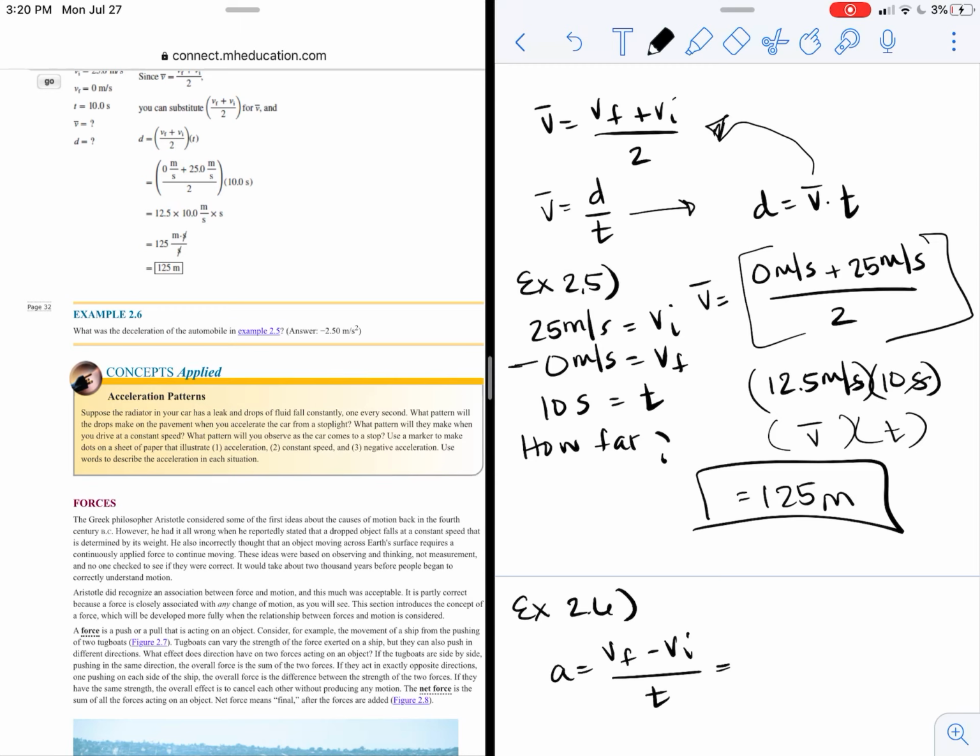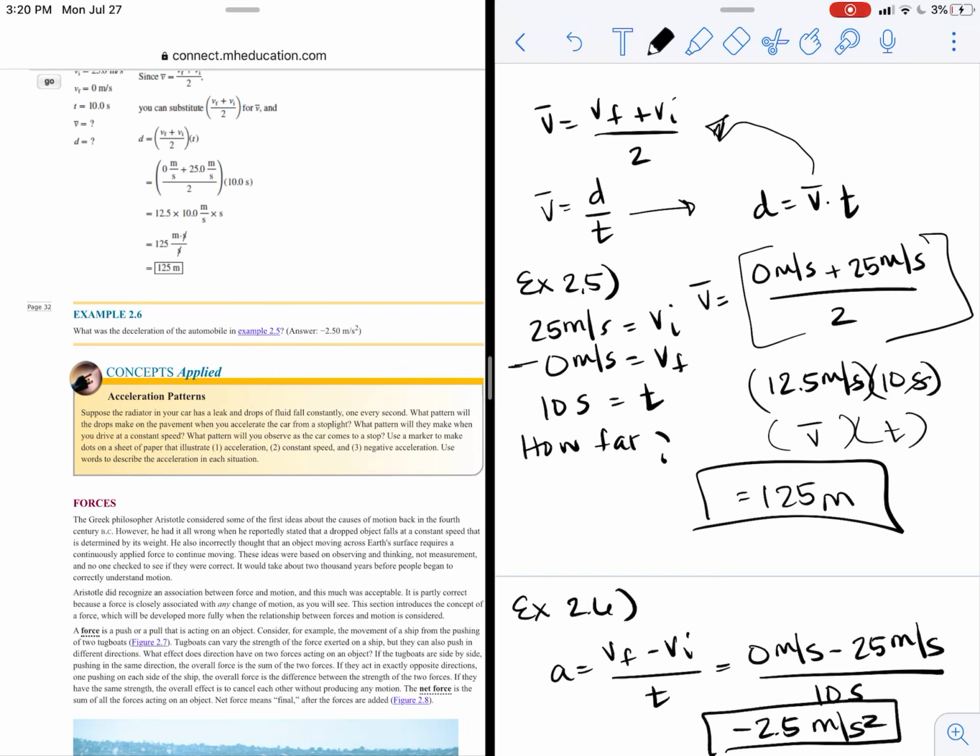It was 0, and our initial velocity was 25. You divide that by the time it took to stop, which was 10 seconds. So 0 minus 25 divided by 10 gives you negative 2.5 meters per second squared. That is telling you that it's slowing down, essentially.